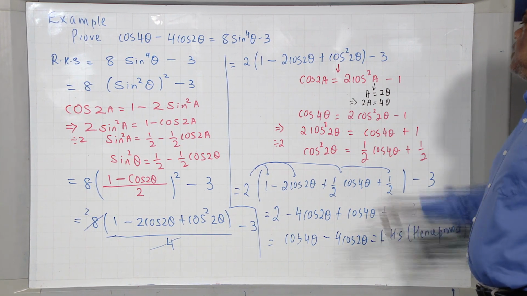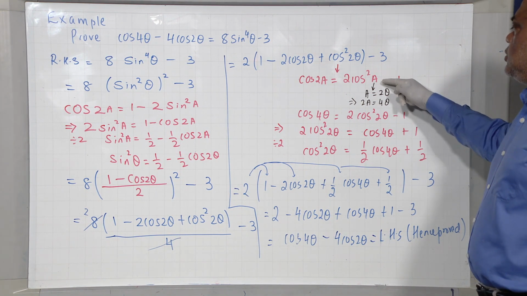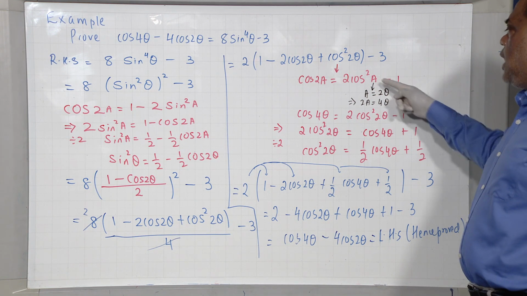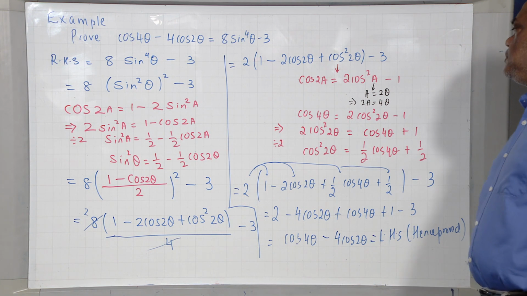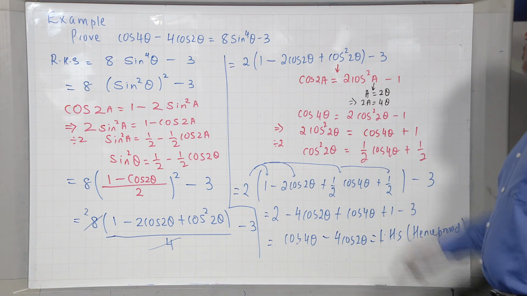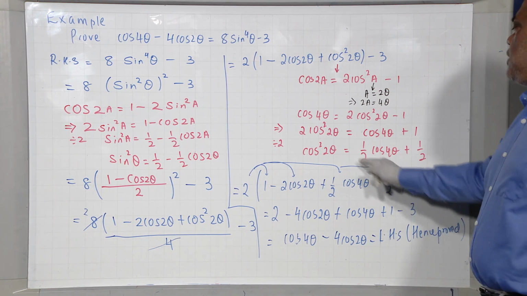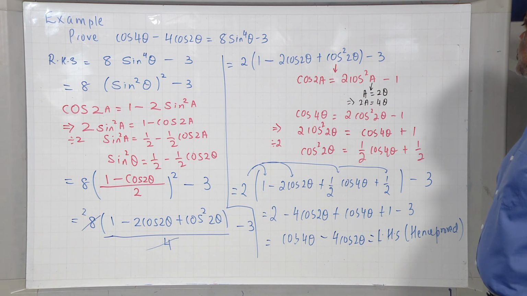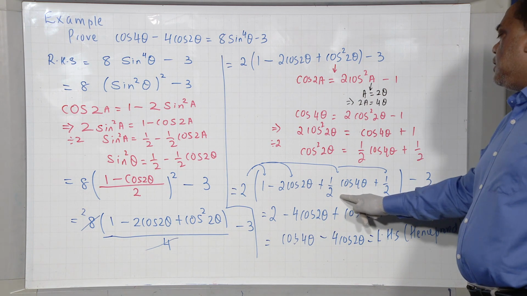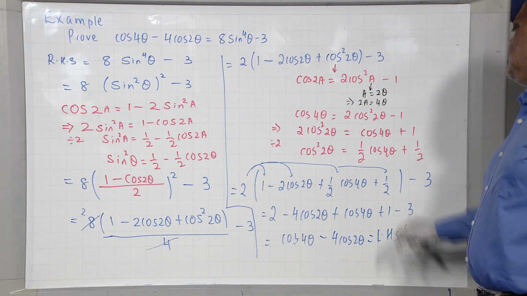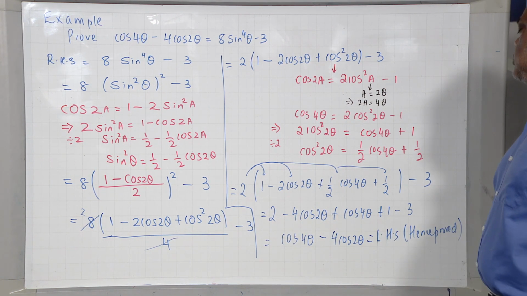Cos 2a is 2 cos squared a minus 1. If we replace a by 2 theta, 2a becomes 4 theta. I make 2 cos squared 2 theta the subject of the formula, so I have cos 4 theta plus 1. Divide by 2, half cos 4 theta plus half. So I'm going to replace the cos squared 2 theta that we had here by half cos 4 theta plus half that we got. Minus 3, and then we simplify to get the left-hand side.